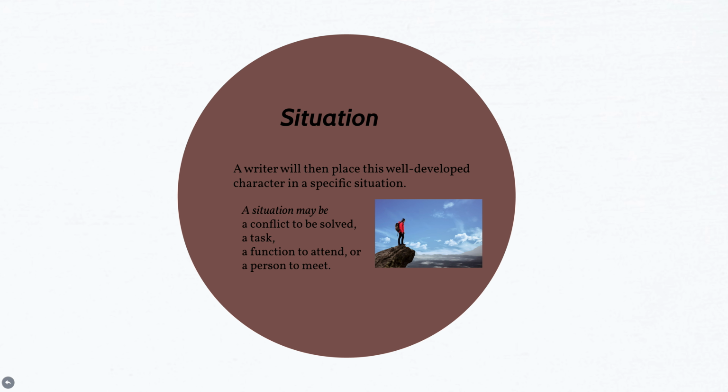And that particular character with that personality placed in that situation is what's going to cause the feeling in the reader. If you change the situation or if you change the character, you will change the emotional response.